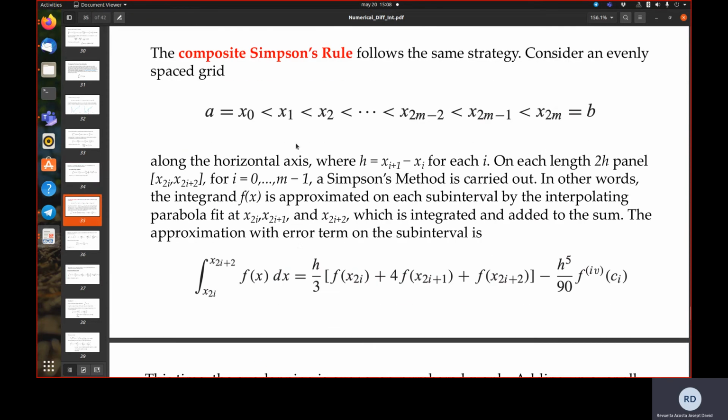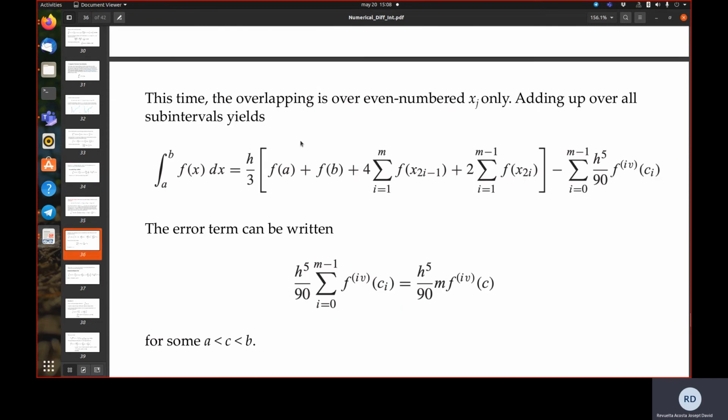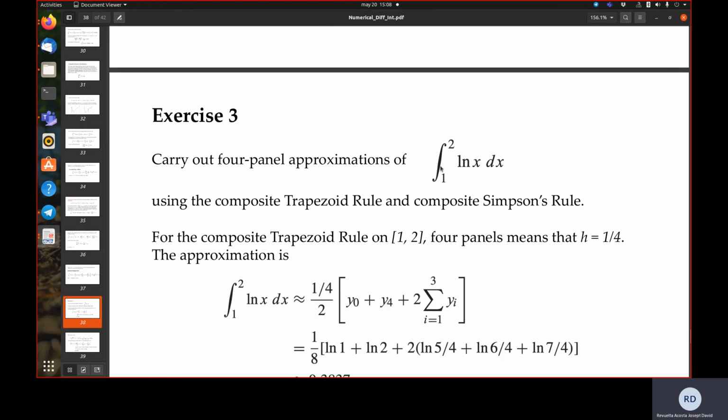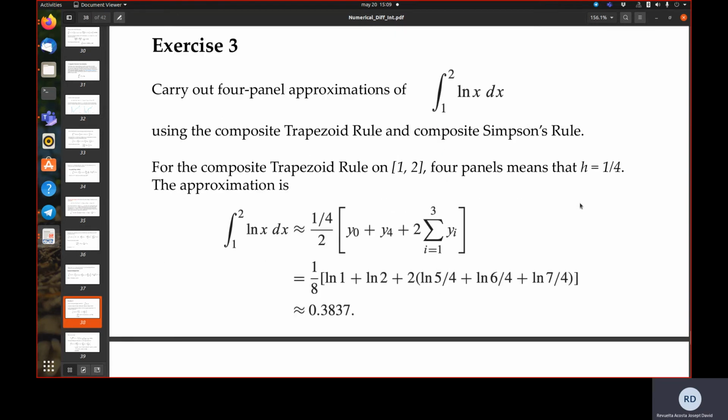Okay, but let's apply this one because we need to be able to apply it physically. So we're still going to be using the same thing, but now we're defining the same interval with 4 panels. So we have 4 panels here. We need to use both the trapezoid rule and the composite Simpson rules. Okay. So first of all, we start with the composite trapezoid rule on the interval 1 and 2.